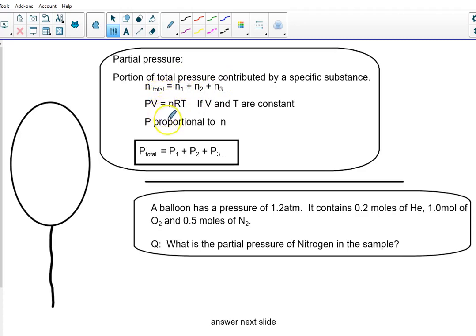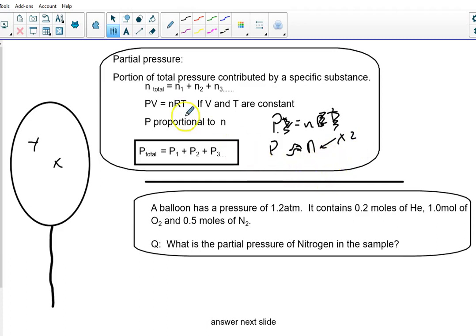If you look at a particular balloon, in PV equals nRT for 2 different gases, X and Y, it's in the same volume and the same temperature. R is a constant, so the number of particles in the balloon is proportional to the pressure. If you double the number of particles, you would double the pressure.